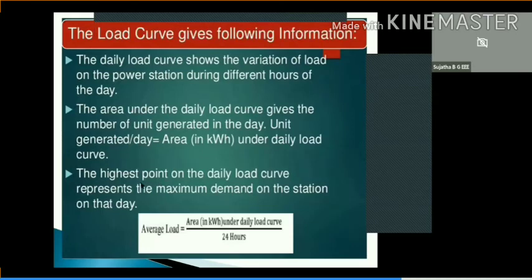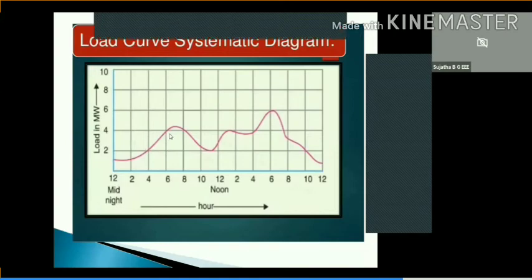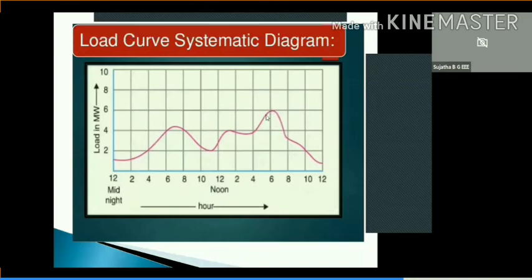So the highest point on the daily load curve represents the maximum demand on the station on that day. Again, go back to this curve. You have seen that for a particular load curve, the maximum demand on the station is around 6 megawatts. Can you see here?